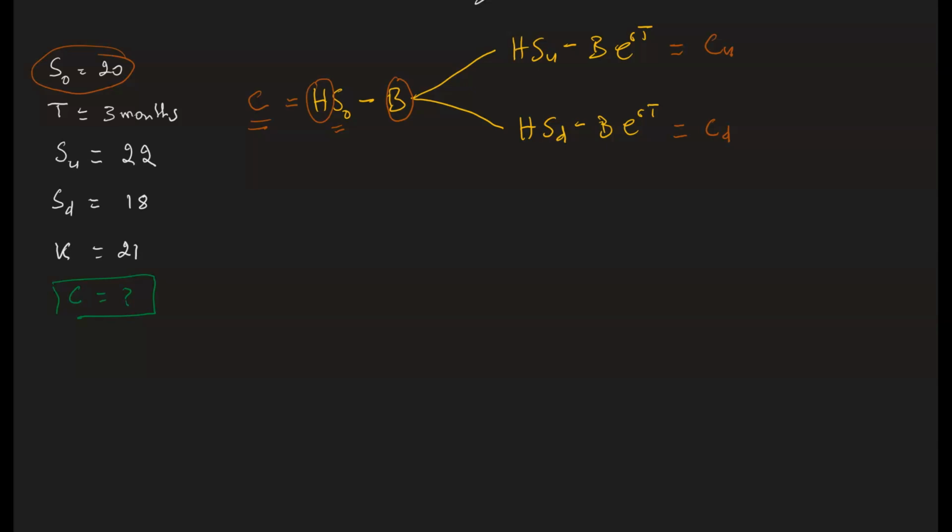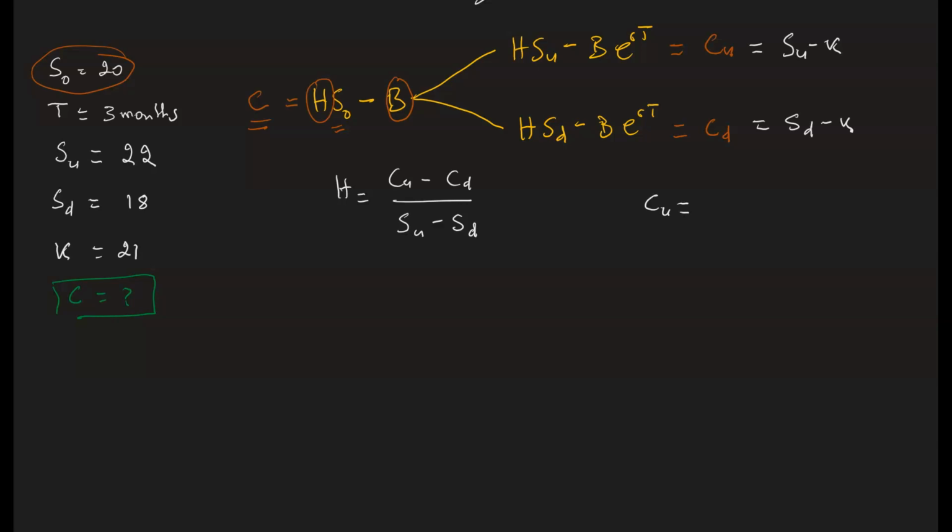Now we just showed that in this case H is going to be equal to call up minus call down divided by stock up minus stock down. Now what is call up? Call up is going to be the maximum of the stock price minus strike price. So it's going to be S up minus K, and call down is also going to be S down minus K. Alright, so what is call up?